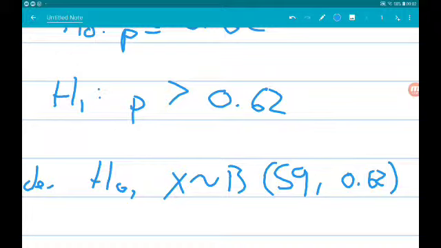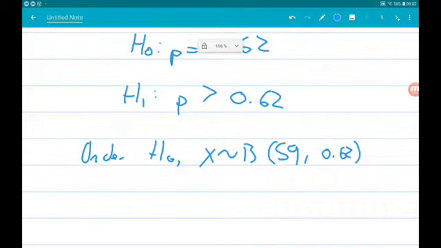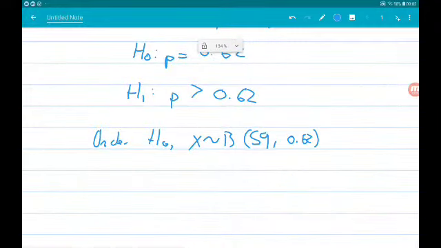Now, when these 59 people were sampled, 43 of them used the platform. So we are interested in the probability that X is greater than or equal to 43.